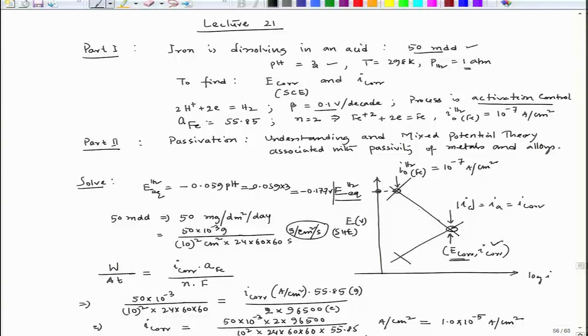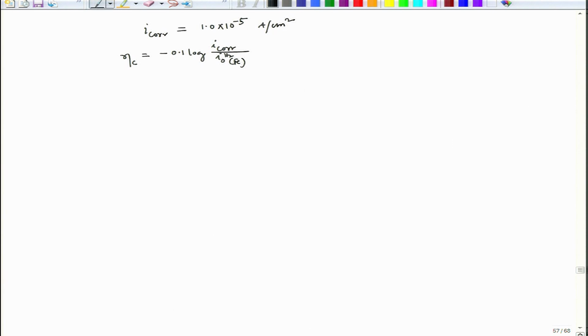So, I can find out the over voltage of this amount, and then I get E core minus E equilibrium for hydrogen equal to 0.1 into log of 10 to the power minus 5 minus 7.